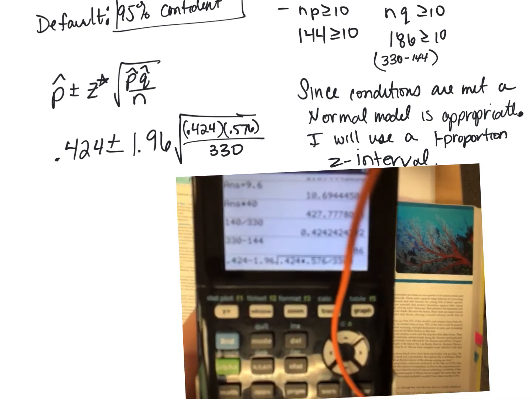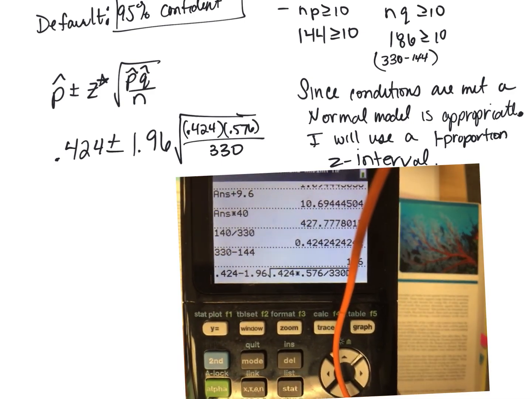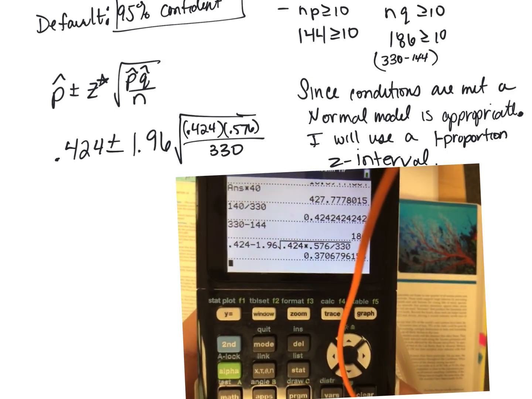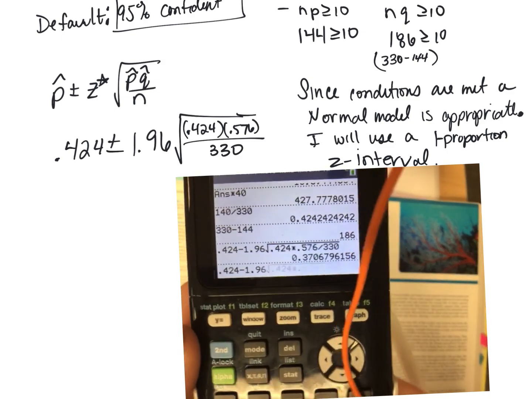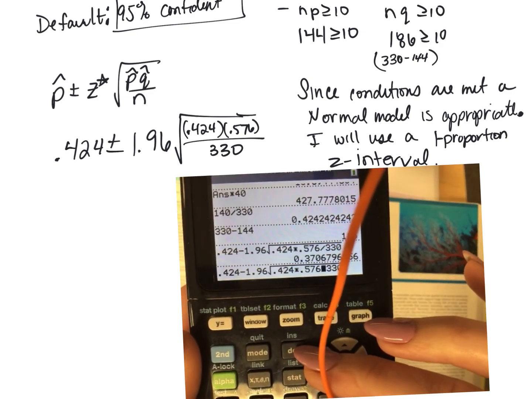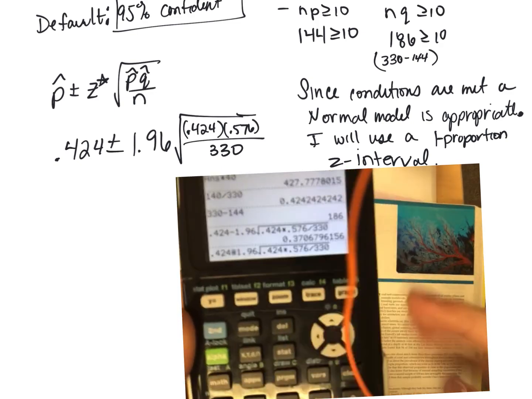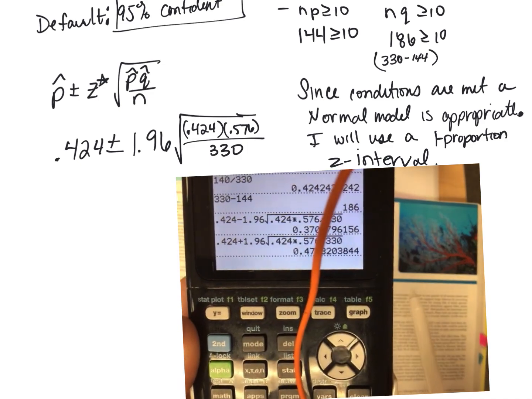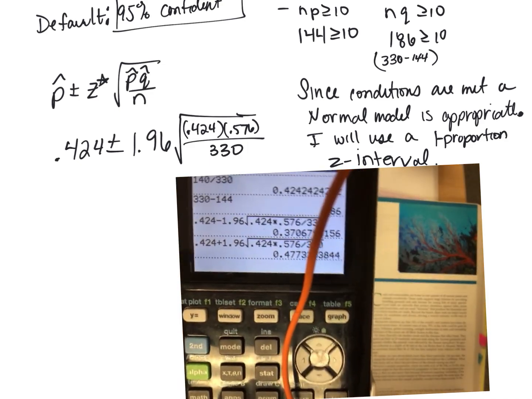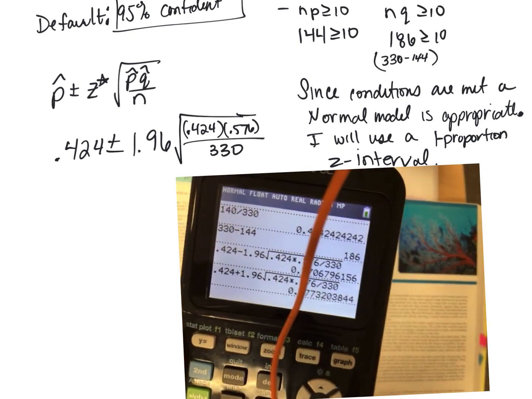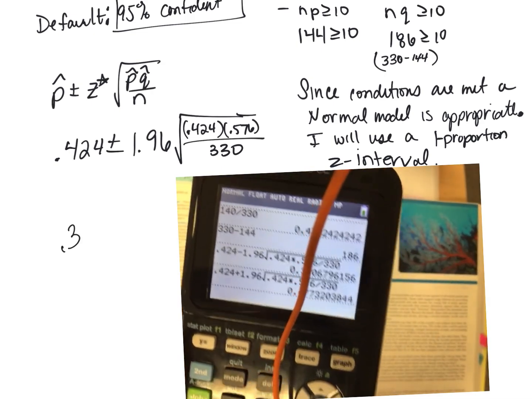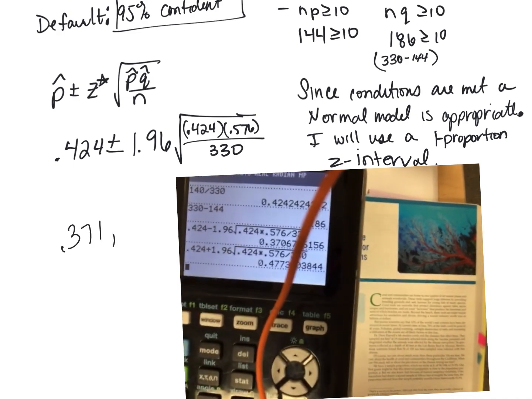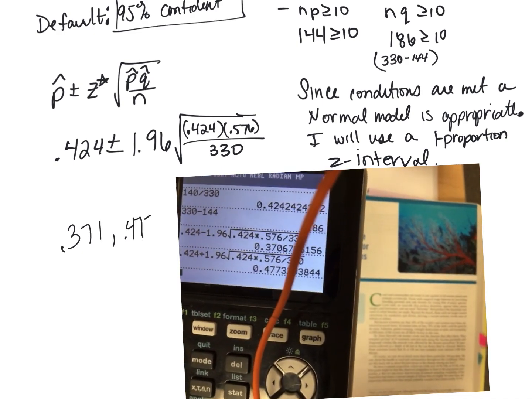I can literally put it all in as 1 and then hit enter. And then what I like to do is hit second enter and scroll over to the minus and change it to plus and hit enter. So my interval is 0.371, 0.477.